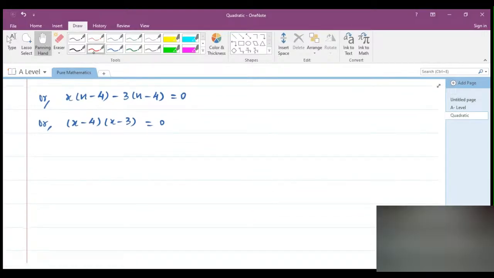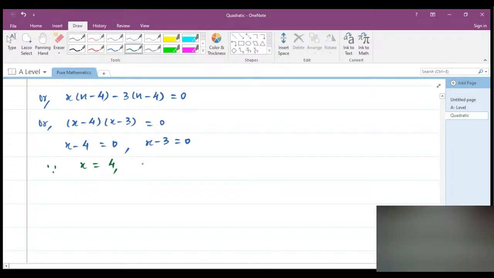So the next step will be x minus 4 equal to 0 and x minus 3 equal to 0. Therefore, x equal to 4 and x equal to 3.